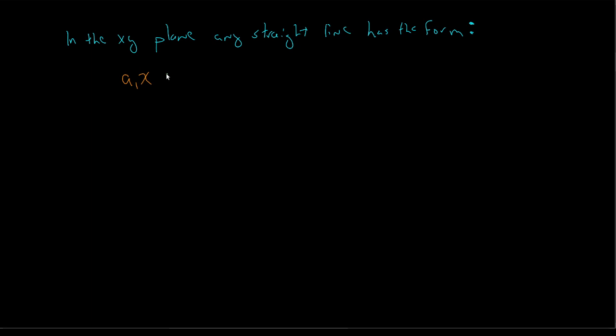So what we're going to say is, in the xy plane, any straight line has the form some coefficient times the x variable plus some other coefficient times the y variable that's equal to some constant.